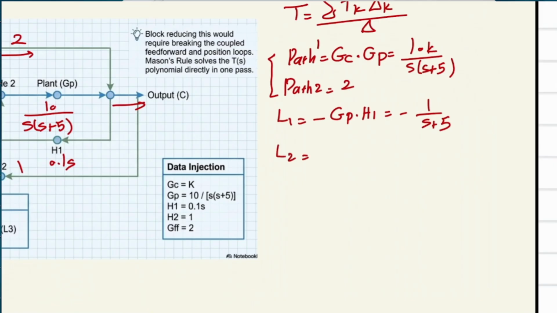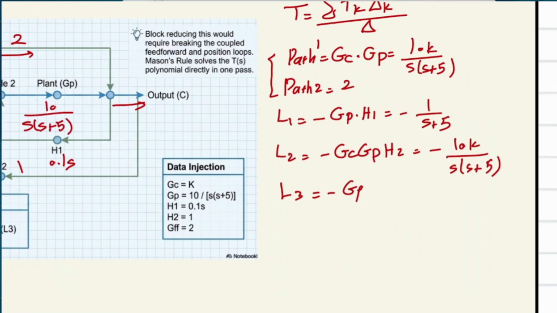L2 is going to be negative GC GP times h2, which if you simplify your fraction is going to be negative 10k divided by s times (s plus 5). And finally, we do have L3, which was somehow hidden, but it would be just negative GFF, the big guy on the top, I'm talking about this, negative GFF times H2 itself, which is going to be negative 2.